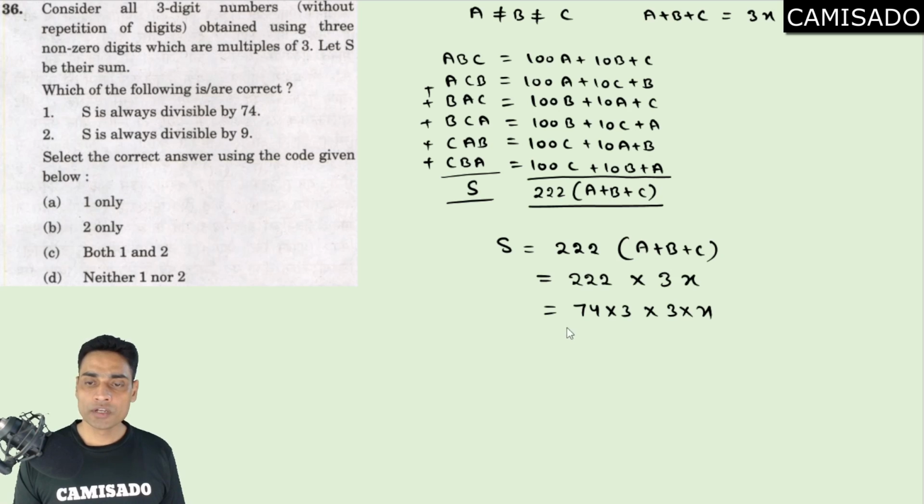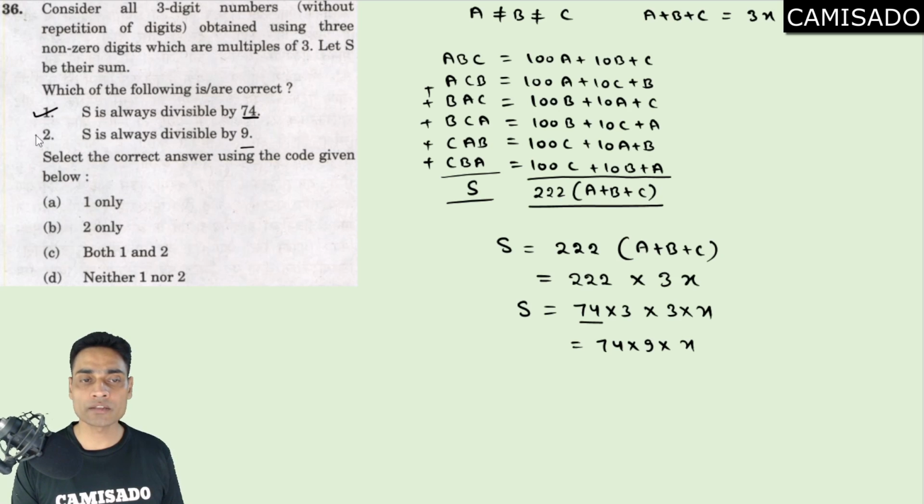So S is having what factors? 74 as a factor, 3 into 3, 9 as a factor, or I can write it as 74 into 9 into x. So both numbers 74 as well as 9 are dividing S. So S is divisible by 74, S is divisible by 9. So the option C is correct, 1 and 2.